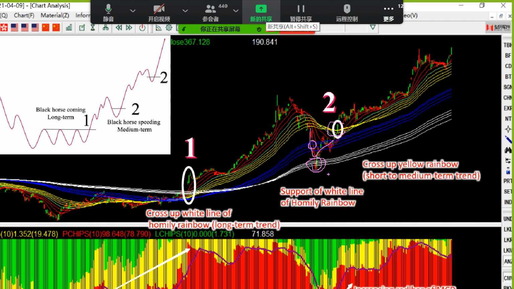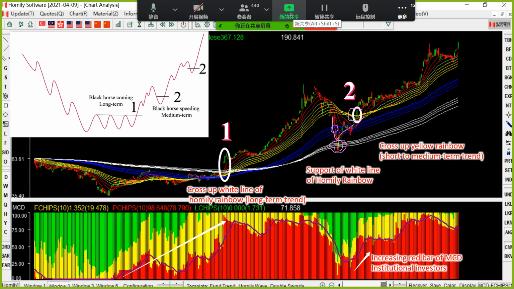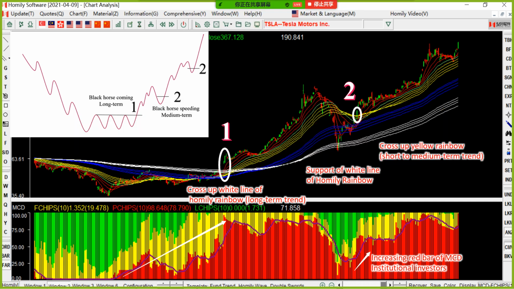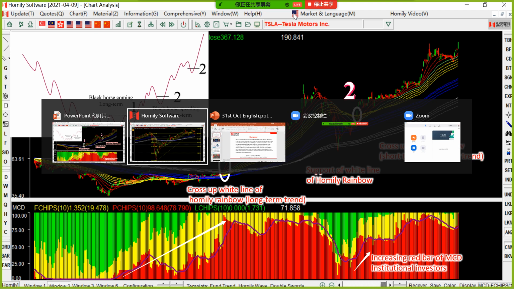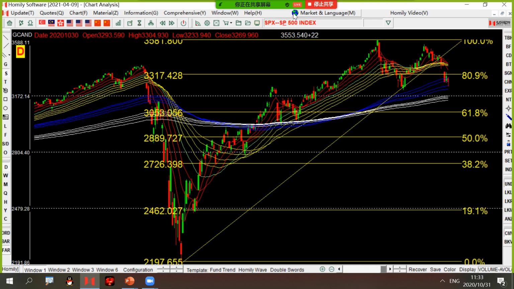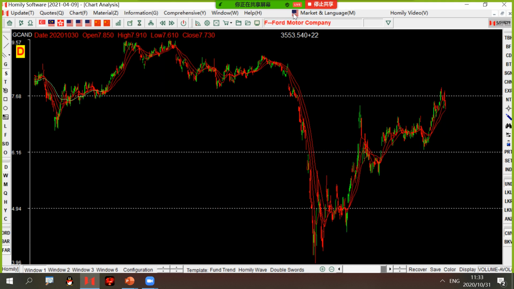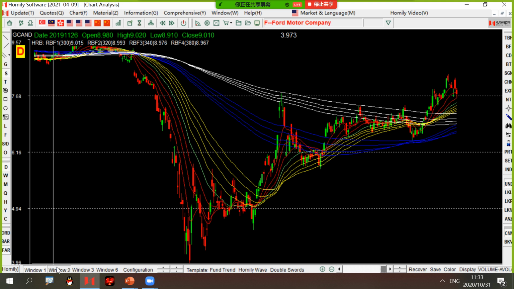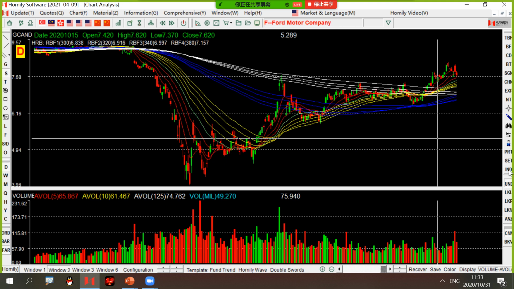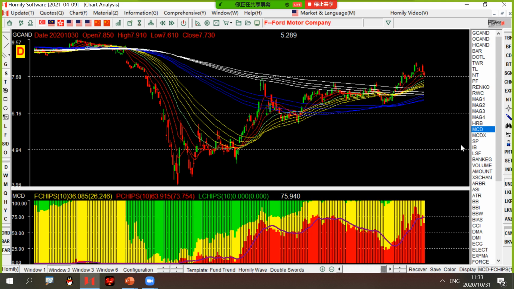Remember, the black horse coming represents some shares at a very low price. Last time I showed you this pattern, I remember I showed you Ford. Why do I think the pattern is good? It has already become the black horse coming. Why the black horse coming? You can see the MACD is all the way increasing.